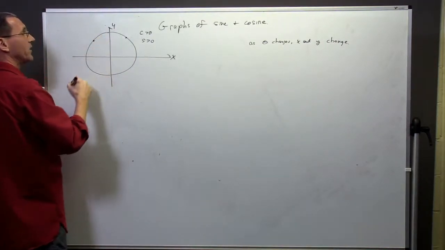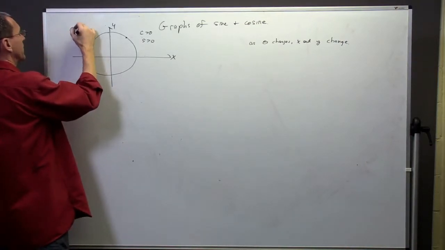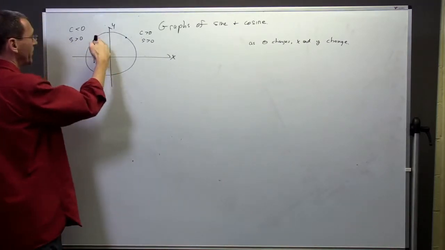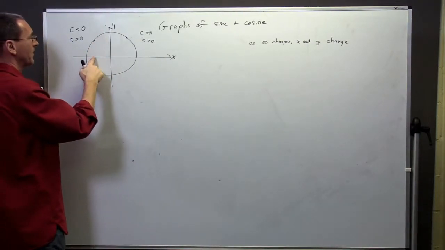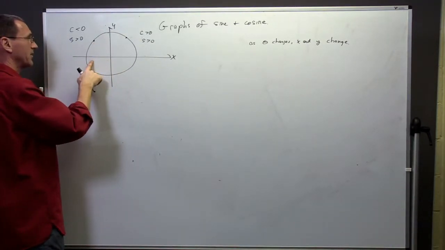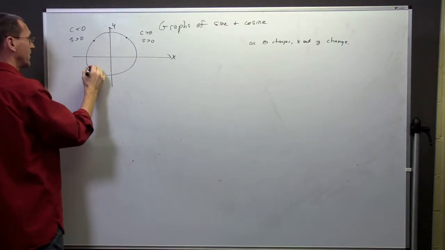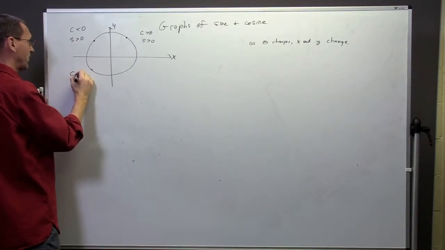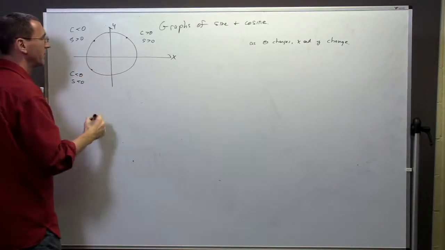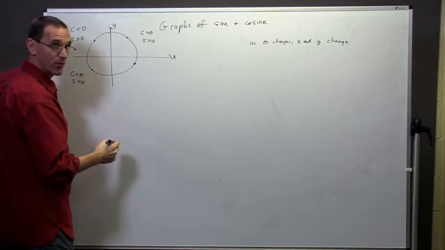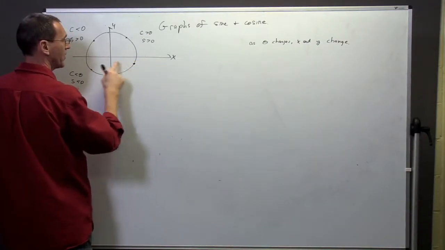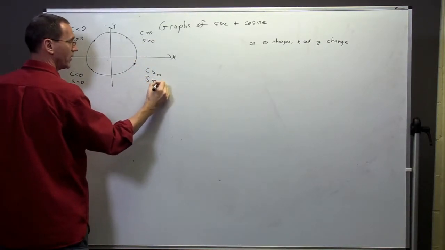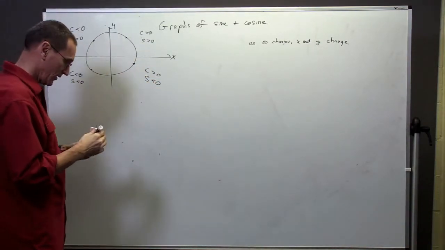If I pick a point here in the second quadrant, the cosine is negative, the sine is positive, because I'm above the x-axis and to the left of the y-axis. If I pick a point there, both the x and the y are negative. So my cosine is negative, my sine is negative. If I pick a point in the fourth quadrant, cosine is positive, and sine is below, so that's negative.